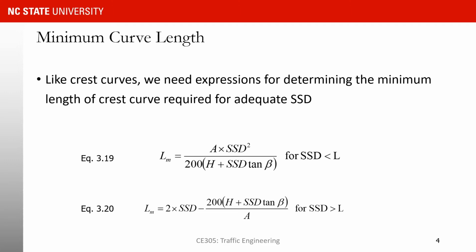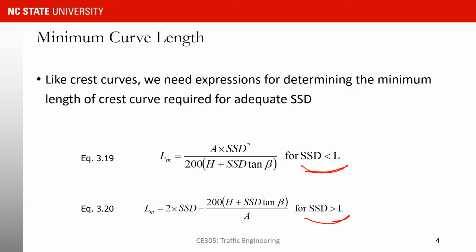So similar to crest vertical curves, we have two equations here, one for the assumption that stopping sight distance is less than L, the other one for the assumption that stopping sight distance is greater than L. So you can see that in these equations you still see A, you see stopping sight distance, you see H, and also we see tangent of beta, or the angle that we discussed.